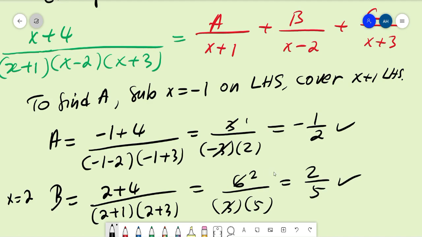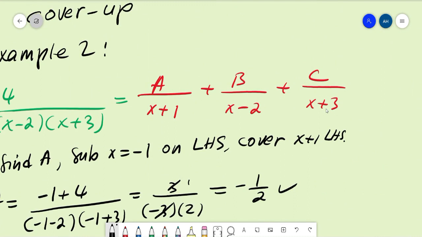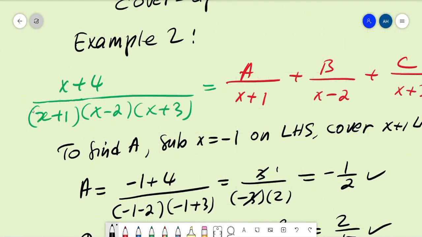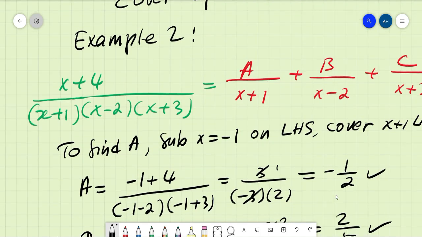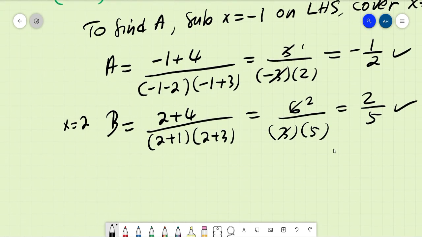Okay, we got that. Now to find c, since at the denominator here is x plus 3, we are going to substitute x equal to negative 3 on the left hand side, and at the same time we are going to cover or neglect x plus 3. So to find the value for c, we substitute x equal to negative 3.